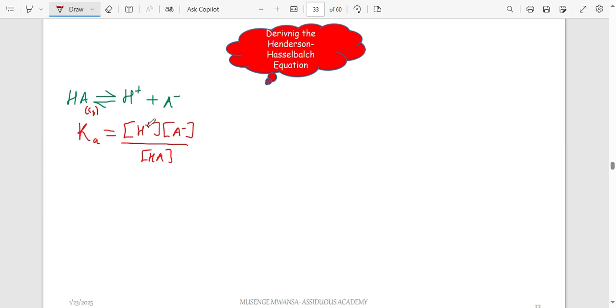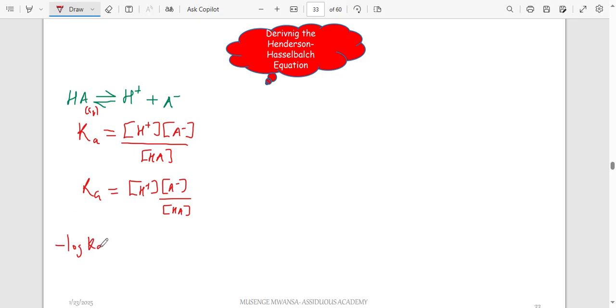So Ka is equal to H plus times A minus over HA. I'm going to put H alone like this, and then A minus over HA. And then I'm going to introduce negative log on both sides of the equation.